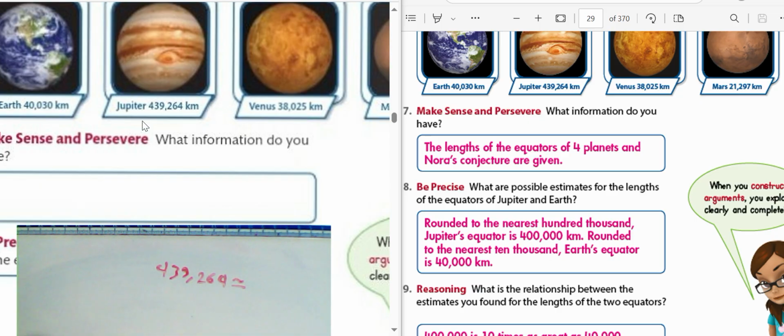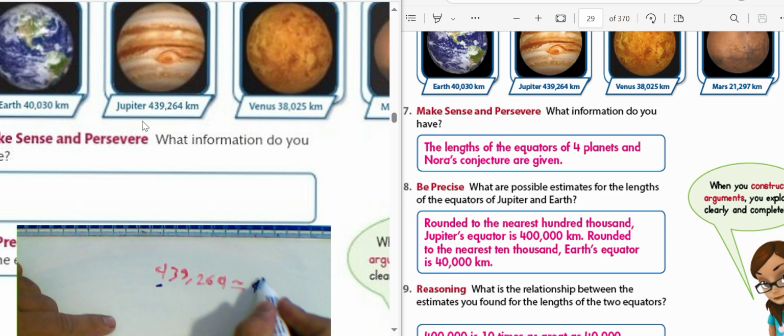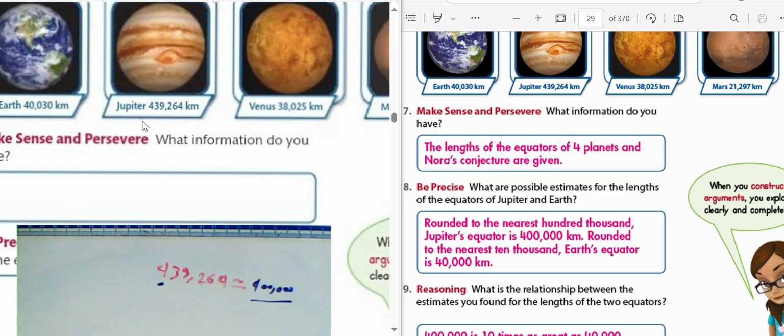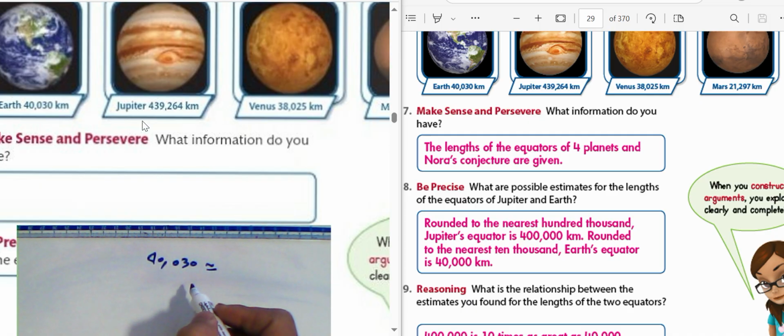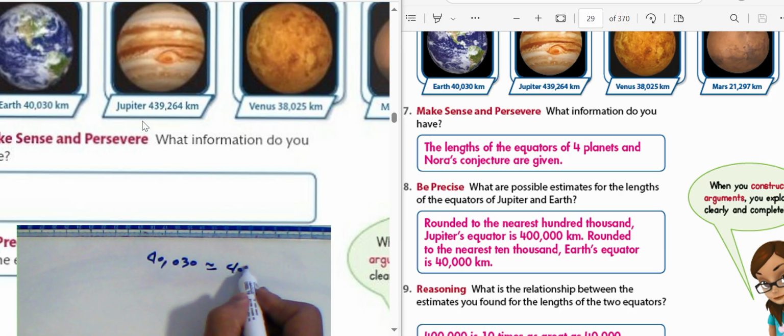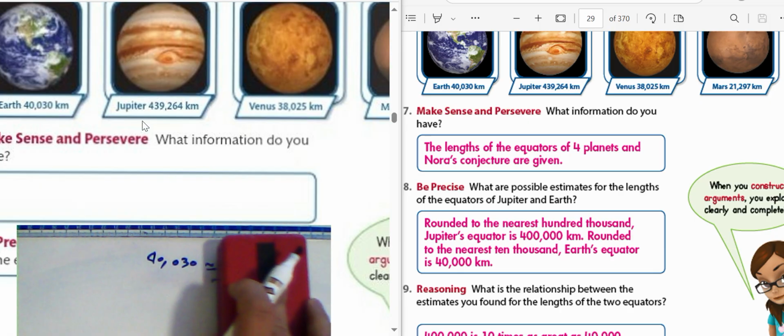We can approximate this number to the nearest 100,000, which will be 400,000. And also about Earth, 40,030 kilometers circumference. Approximating here to the nearest 10,000, it will be 40,000. Okay, then the same answer.